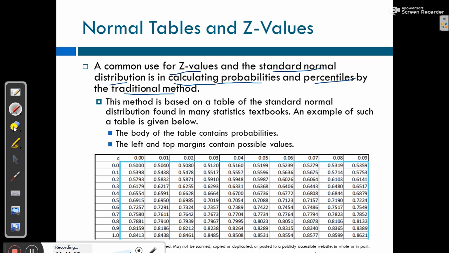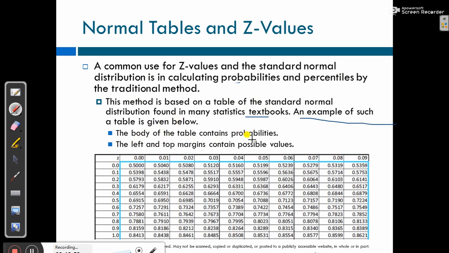The method is based on a table of the standard normal distribution found in many statistics textbooks. You can find it. An example of such a table is given below.